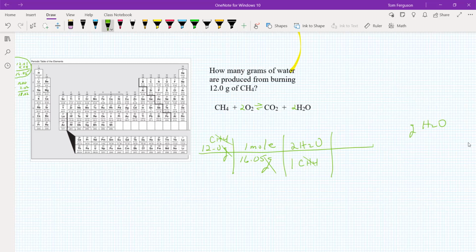Water is oxygen is 16 grams, and we have two hydrogens at 1.01 apiece. So that's the setup.